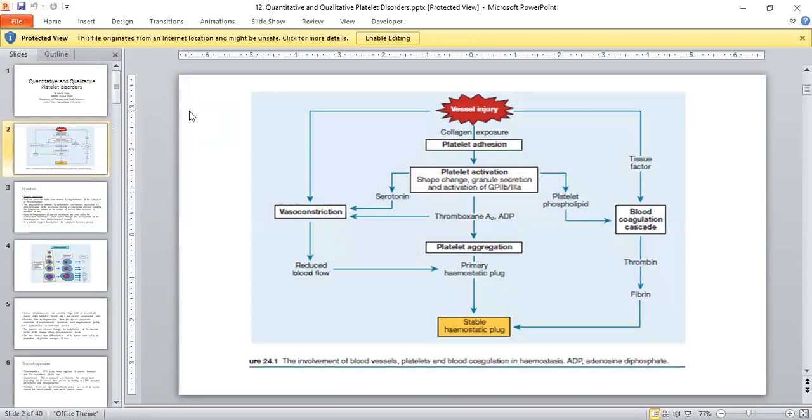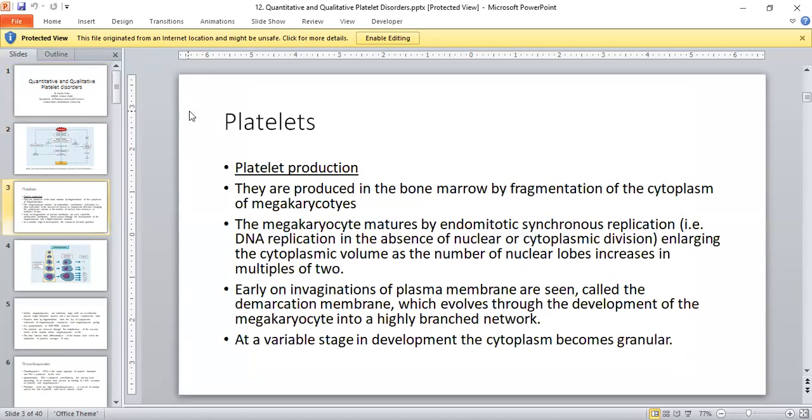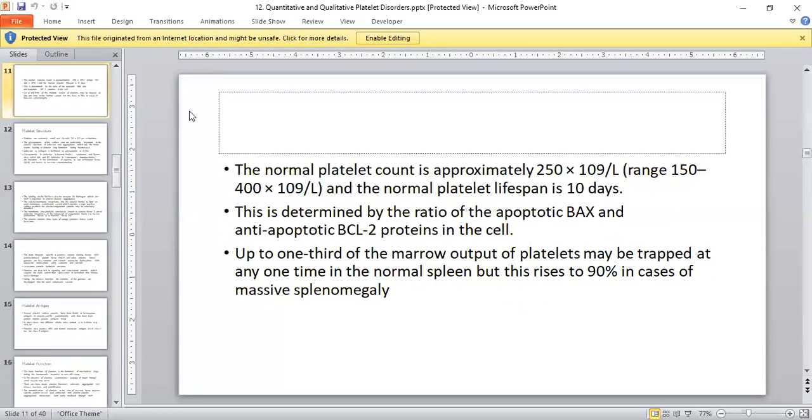For platelets, we have thrombopoietin. It is produced by the liver and regulates platelet production. The platelet count is usually 250 per liter. So between 150 to 400 is the range, but the average is 250.